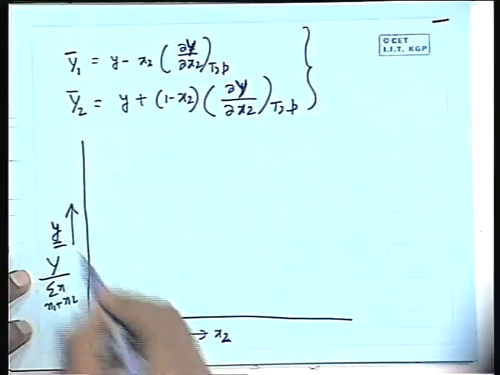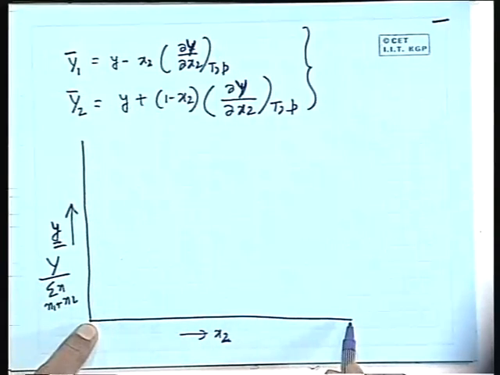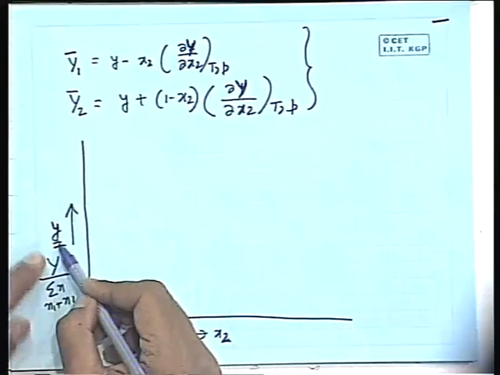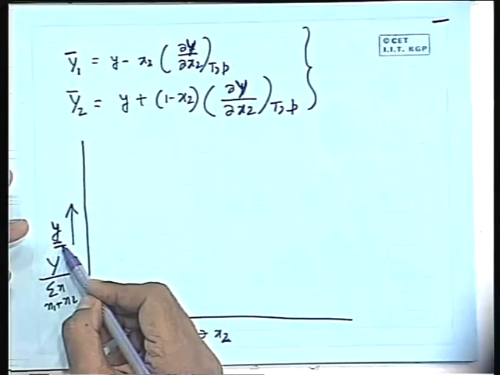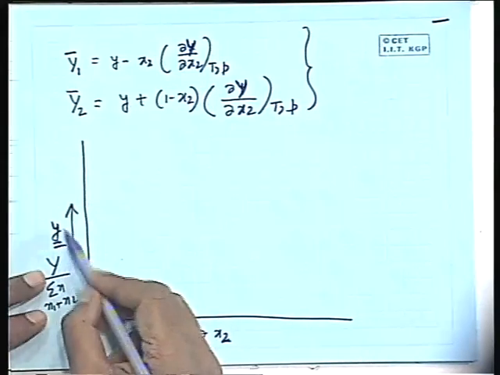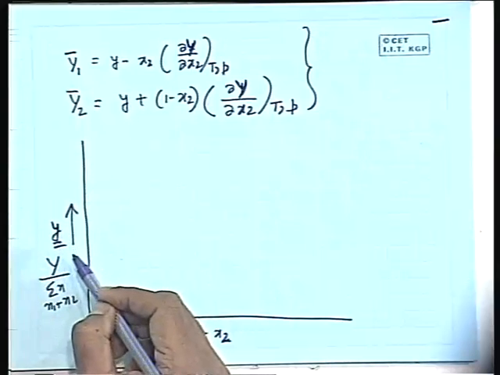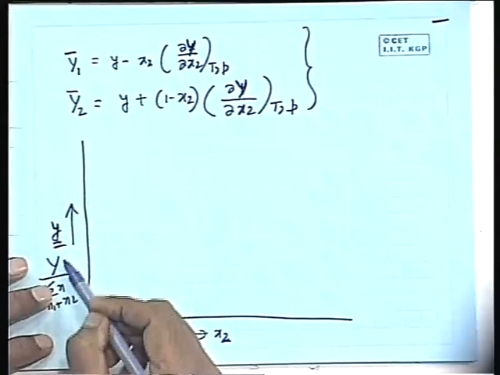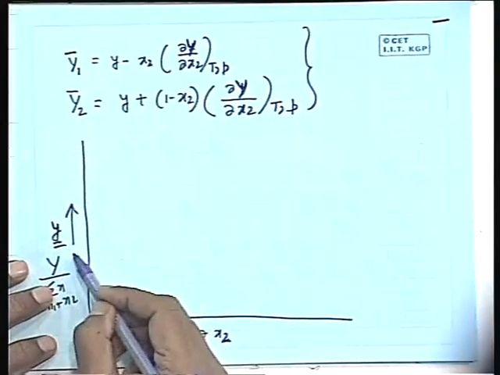That means the molar property, if I just plot versus x2, this y can be anything. This molar property can be molar volume, partial molar volume, Gibbs function, entropy, internal energy, enthalpy, anything.